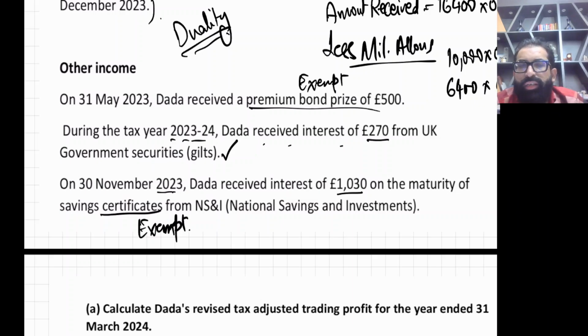Okay, so out of these three incomes, only this 270, the middle one, is the taxable income, and this will definitely go in the interest income column, right?